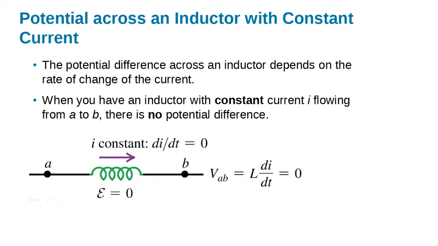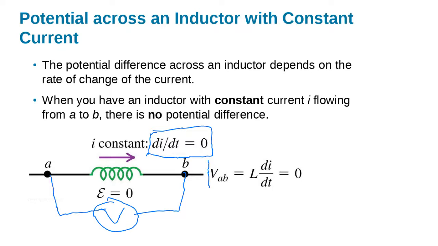So when you've got an inductor with constant current flowing through it, the rate of change of current is 0. If we measure the voltage here with a voltmeter, if our current is constant, then di/dt is 0, and no matter how big the inductance is, the voltage that we measure across it would be 0.